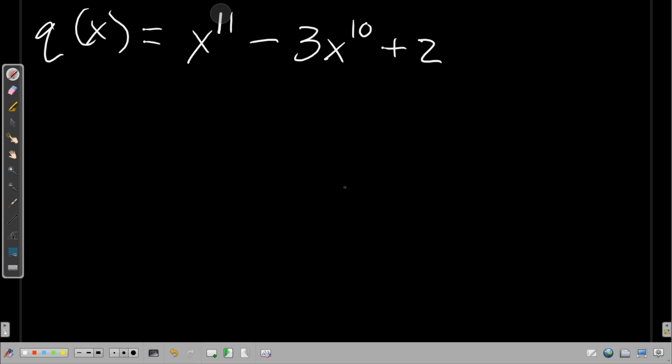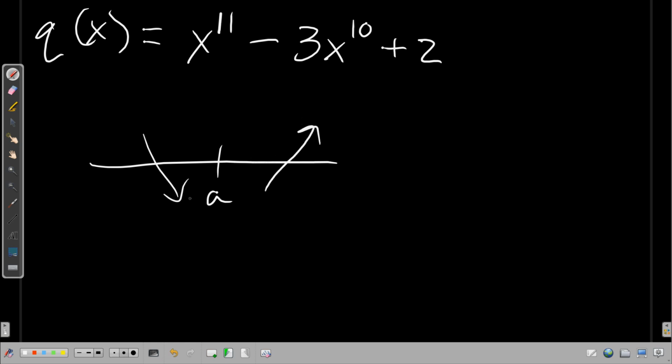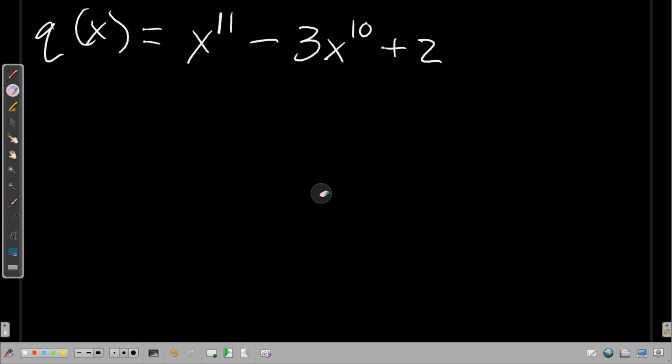And if the tangent line was 0, we'd make a number line chart, and if the tangent line was 0 at this point, but it was decreasing and then increasing, well, then it made a local minimum right there at A. But there's another way to do it, and that is to check the concavity at the critical values.